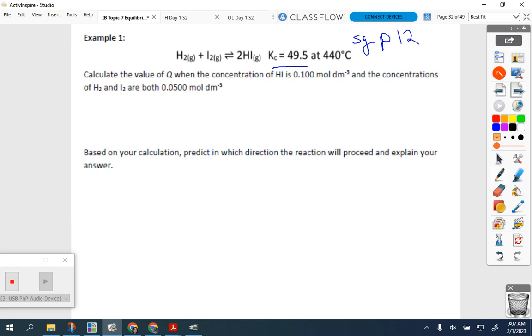Do we write it as Q subscript C? It doesn't really matter, but given that we have K subscript C and we're dealing with concentrations, it's kind of a given. This is the reaction quotient, meaning the quotient of the concentrations at that particular time in the reaction.